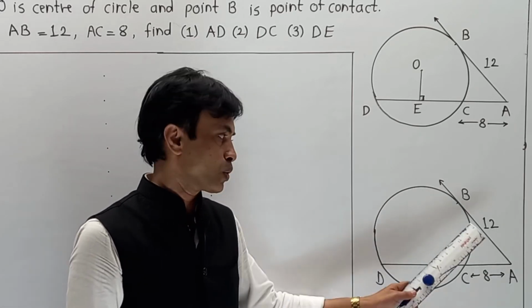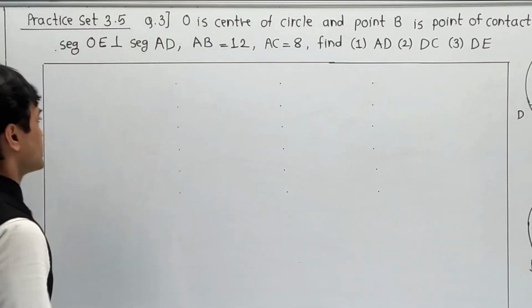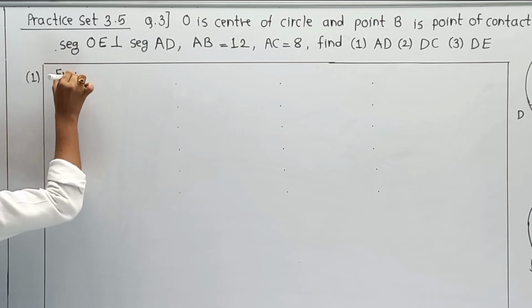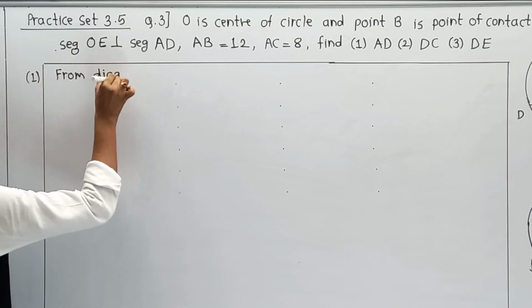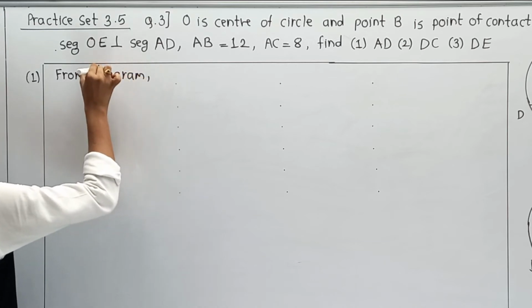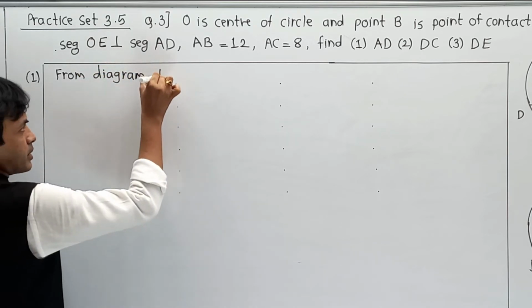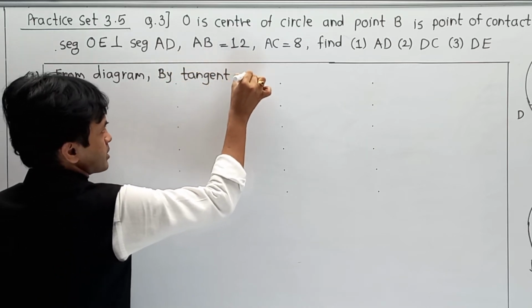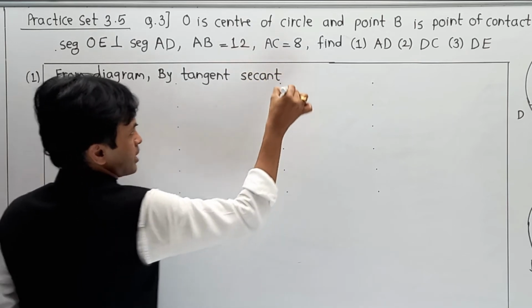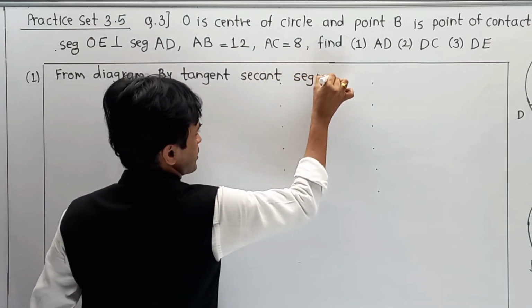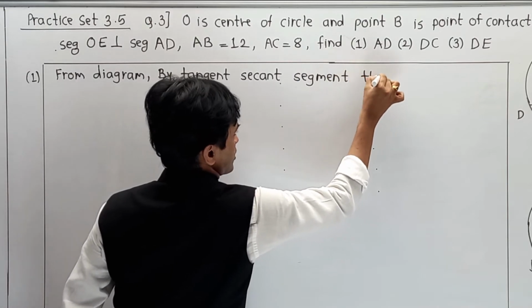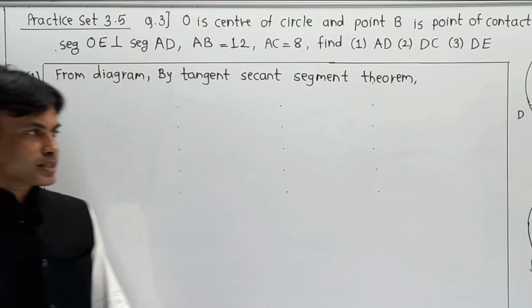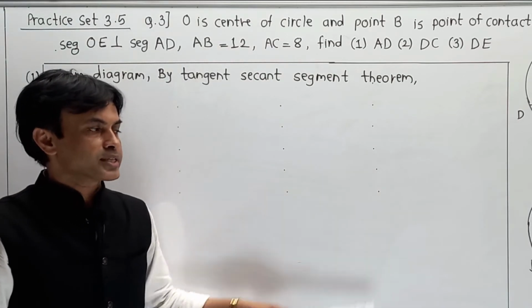Writing all the parts: from the diagram, by the tangent secant segment theorem, the evaluation is AB square is equal to AC into AD.